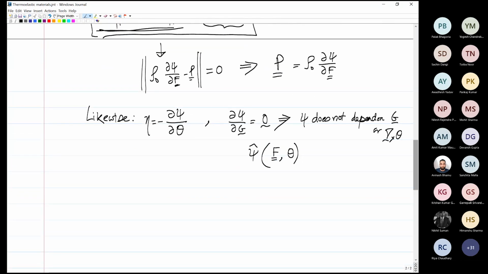So can you see that the second law is really putting a great restriction? So finally what we have deduced is that psi hat has only this functional form.